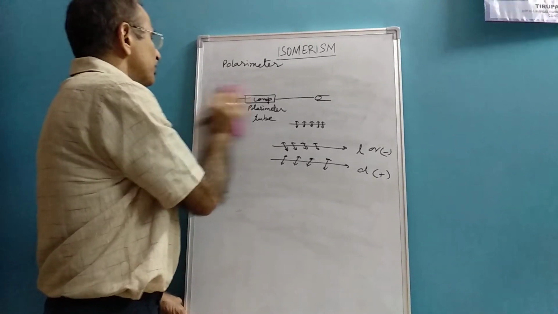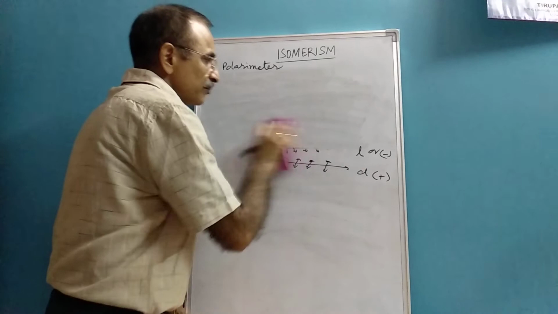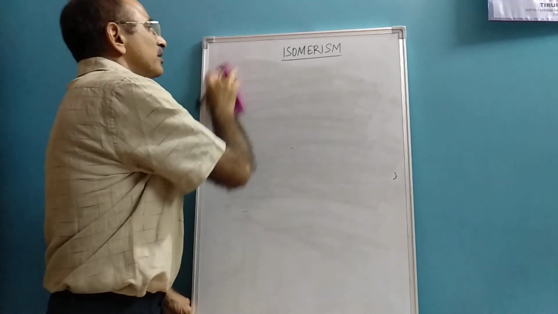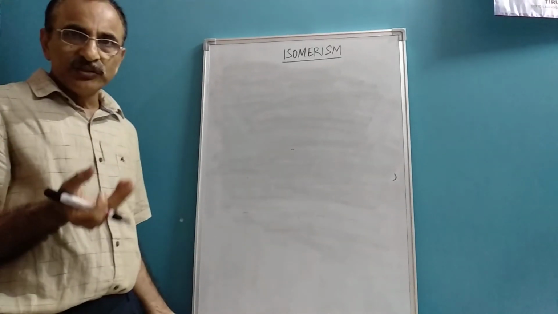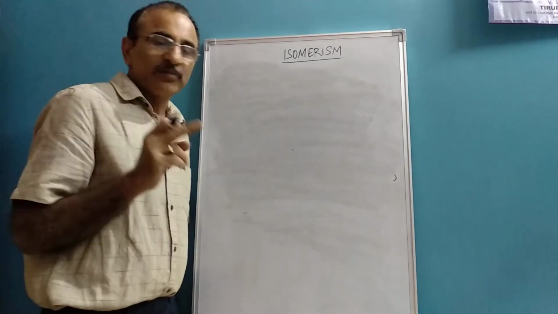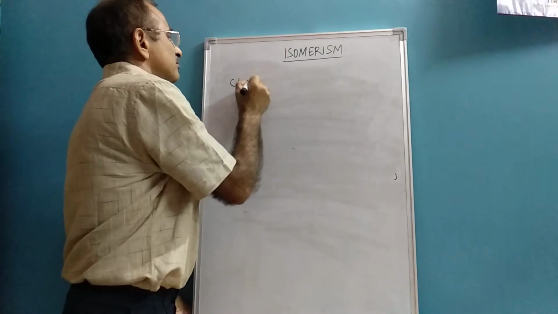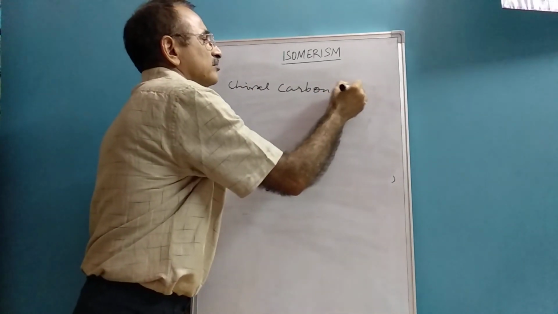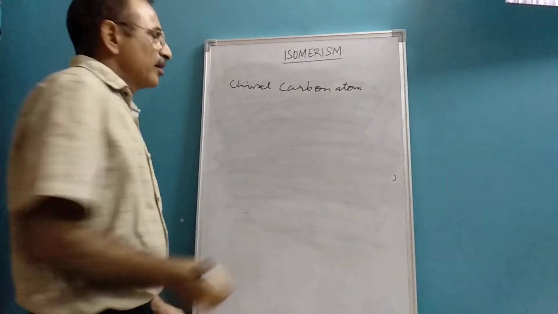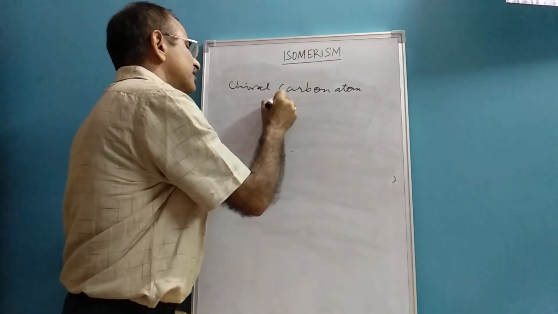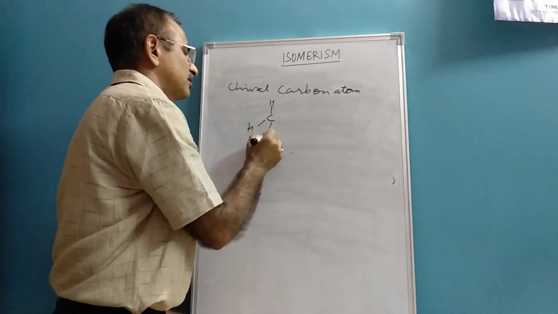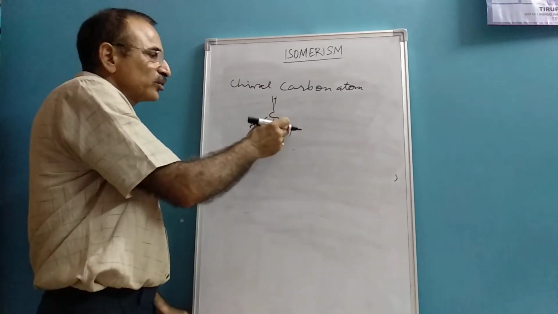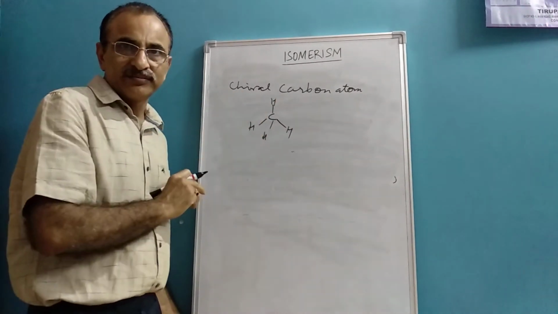Now we are coming up to some examples. Normally, optical rotation is due to the presence of a chiral carbon atom. If you are having methane, let's consider, in methane all carbon hydrogen bonds are equivalent.